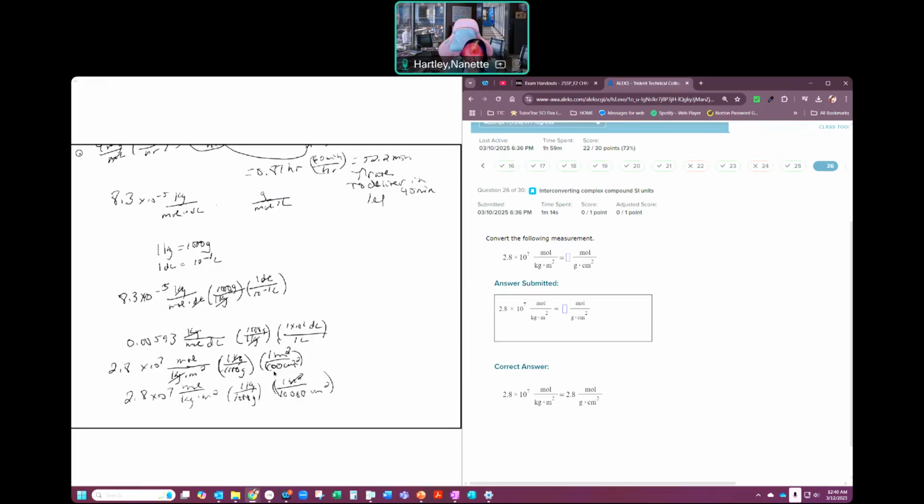And so this meter squared cancels with the meter squared here, the kilogram cancels with the kilogram, and it leaves you with mole over gram times centimeter squared, which is what they're looking for. So now I can do my happy math, 2.8 second E here.